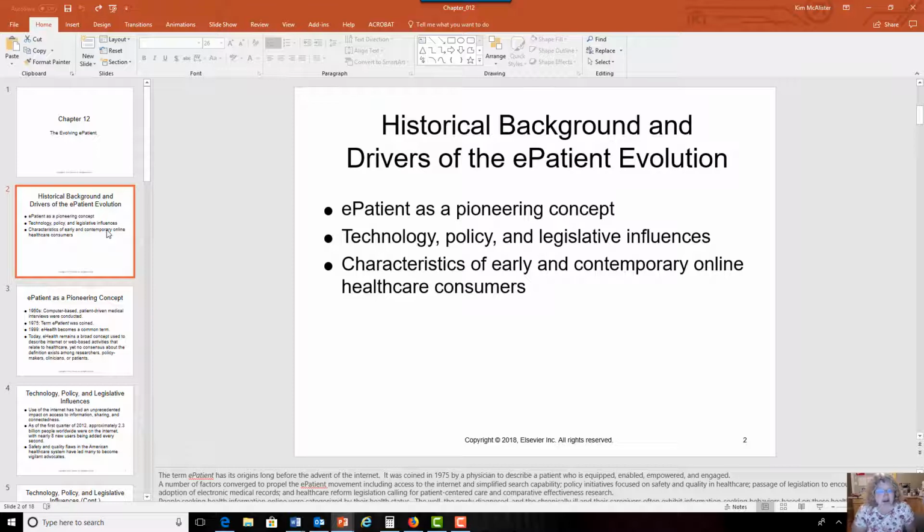E-patients are people that connect to a vast array of digital health services and information. This can be things like chat rooms, social media. There are social media healthcare sites out there. It could include support groups, groups for patients with chronic conditions, mobile devices.